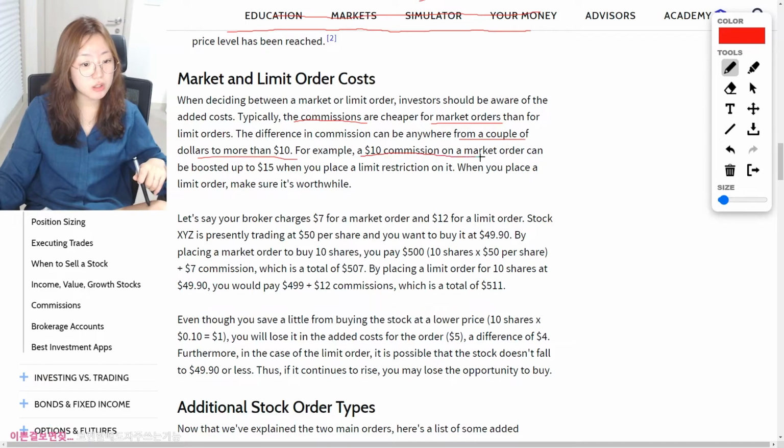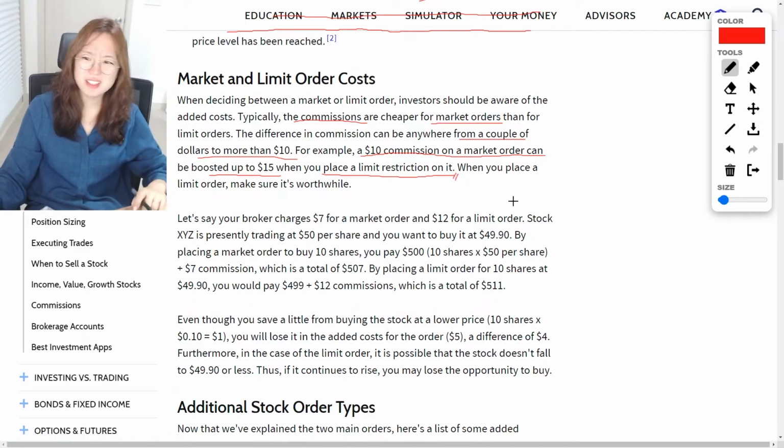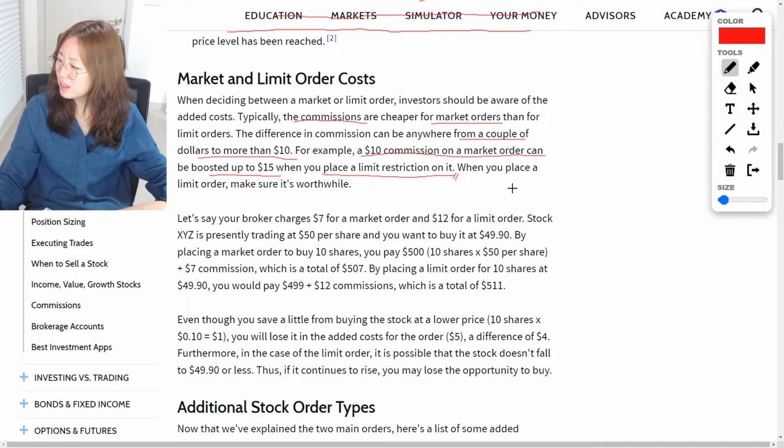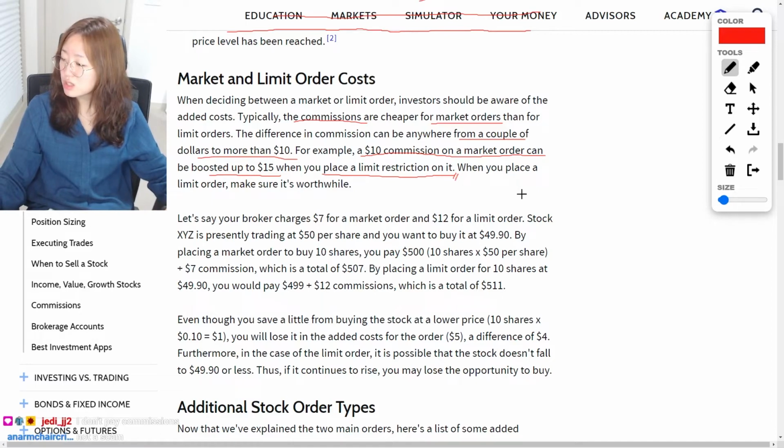A commission on a market order can be boosted up to 15 when you place limit restrictions on it. Because it's better technology. Hey, this is a scam. Stop limit orders are also called stop loss because you're minimizing your loss as the price drops. You don't pay commissions? It's not a scam. I don't want to spend money on the broker.